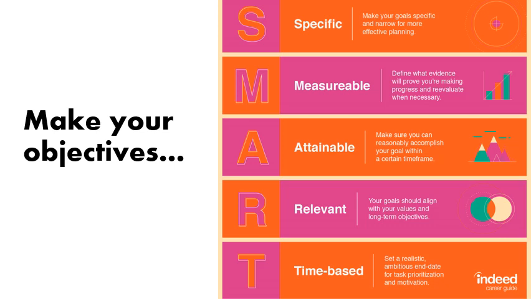For the T, timely or time-based, you should be able to indicate a deadline or time frame in which the expectations must be achieved. It should be a realistic, somewhat ambitious end date for task prioritization and motivation. Okay, so you need to make your objectives SMART: specific, measurable, attainable, relevant, and timely or time-based. Right, let's go to the next slide.